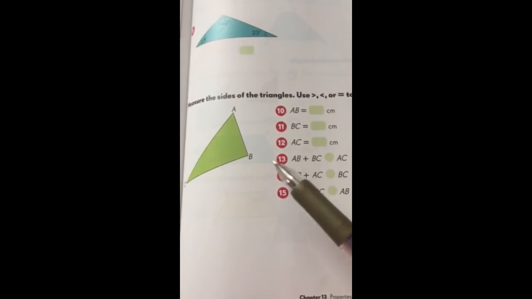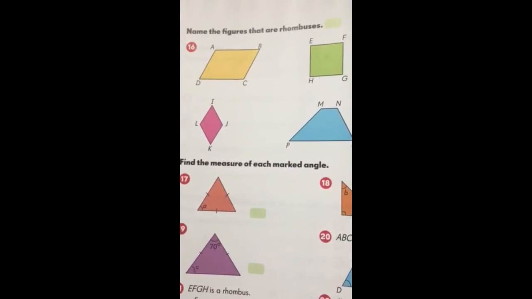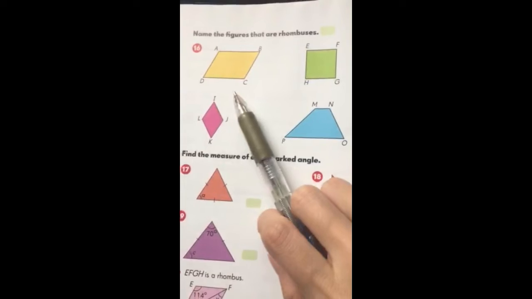Then triangle inequalities, measure AB, BC, AC, and AB plus BC is greater than, smaller than, or equal to side AC. Use greater than, smaller than, or equal to compare. Name the figures.